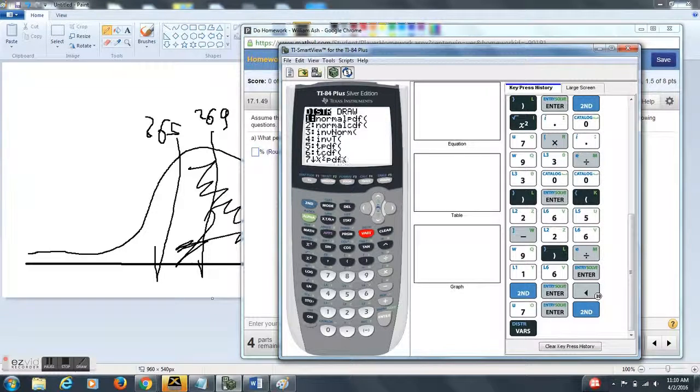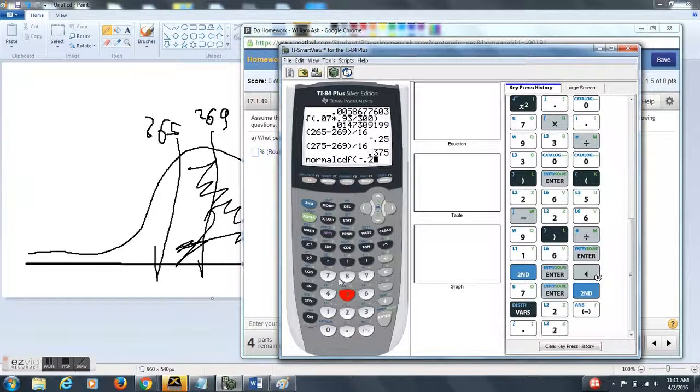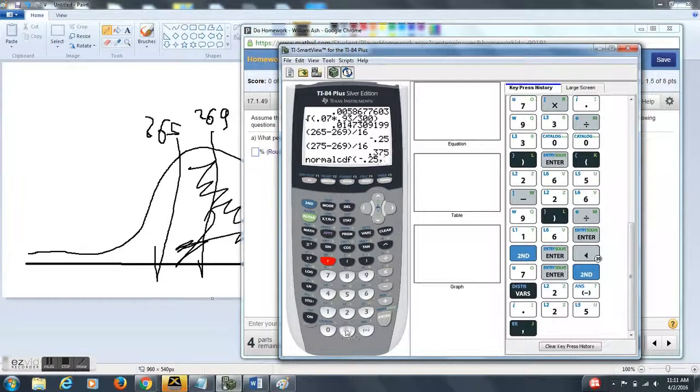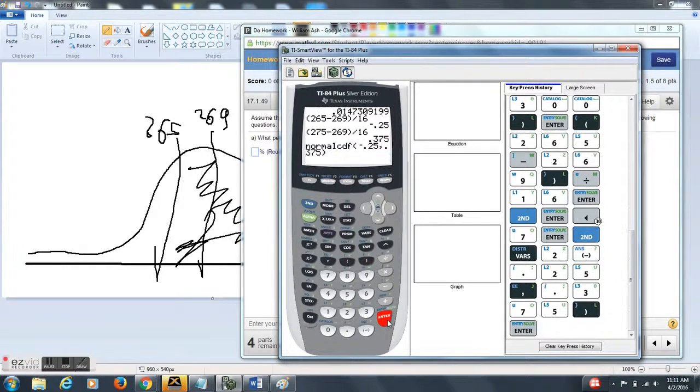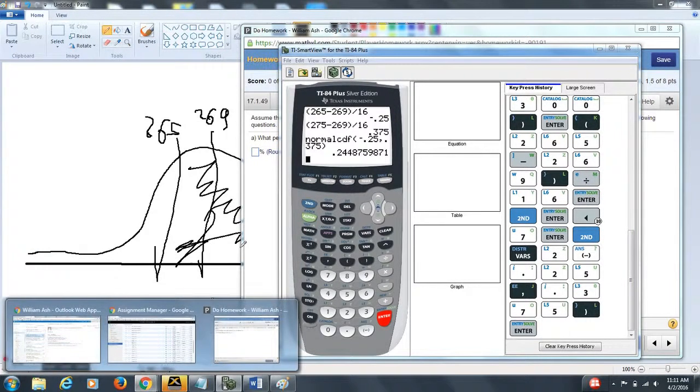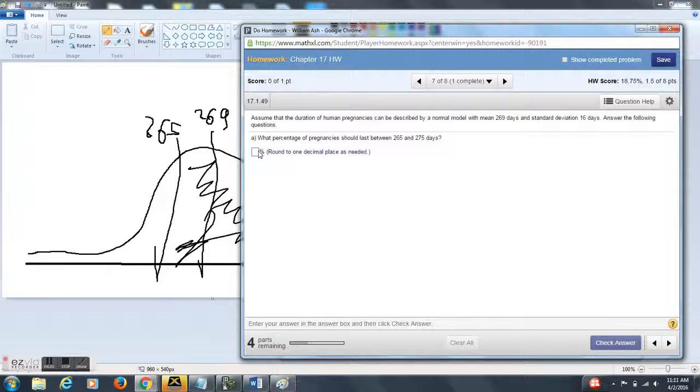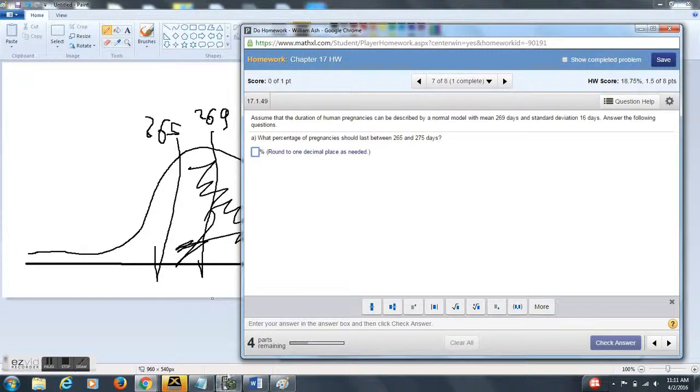To get the area in between, I'm just going to use normal CDF. Was that 24.49? About 24.5%.